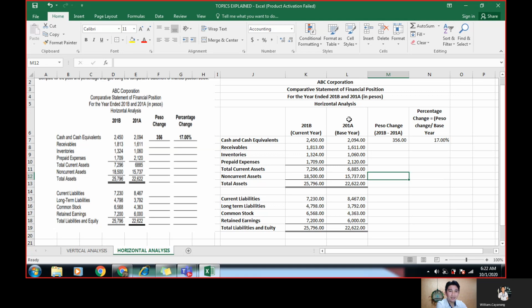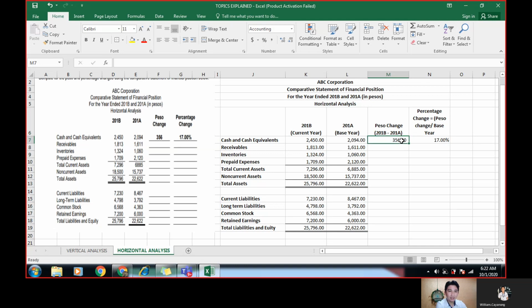Okay, so I have here 201A as your base year. When we say base year, it is your previous year. But here, 201B, this is the current year. Now, titingnan natin if may peso change ba by subtracting the current year as to the base year. So, meron naman tayo ditong guide formula, 201B minus 201A.